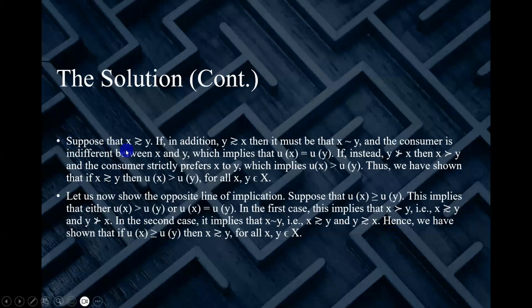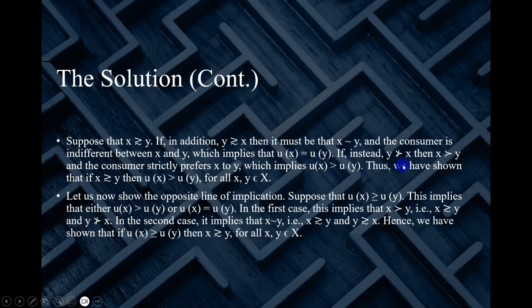At first, suppose x is at least as good as y. If in addition y is also at least as good as x, then x is indifferent to y, and the consumer is indifferent between x and y, which implies that utility of x is equal to utility of y.